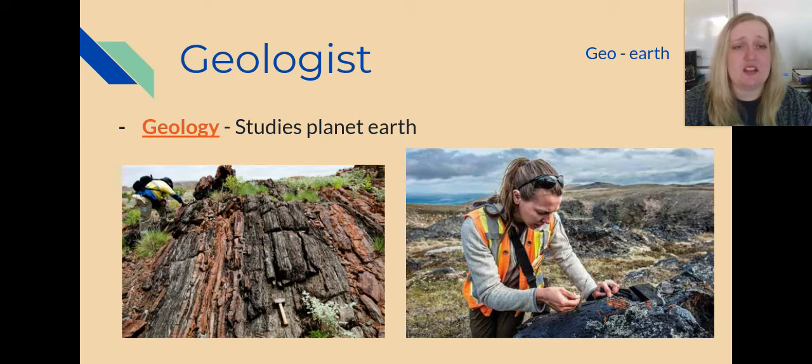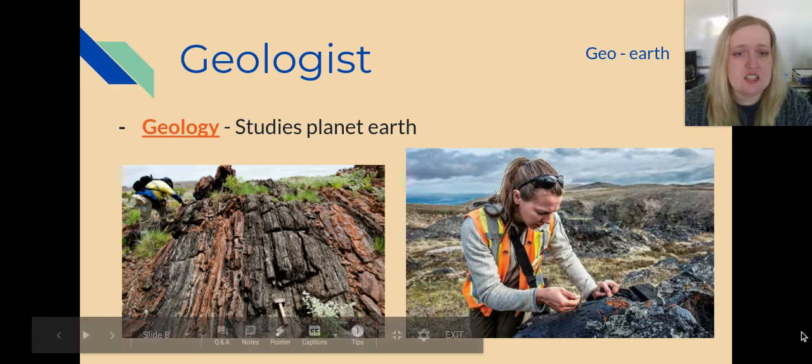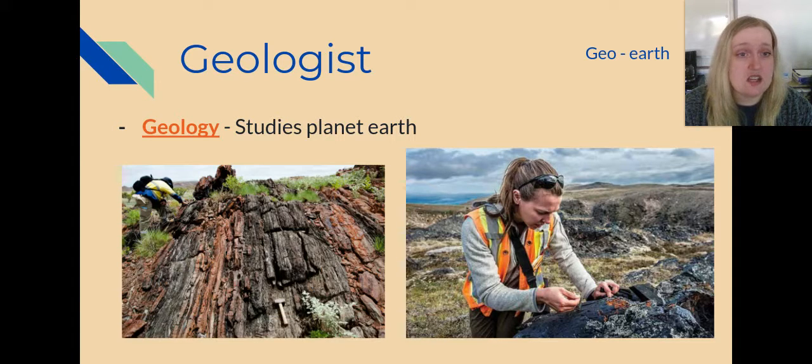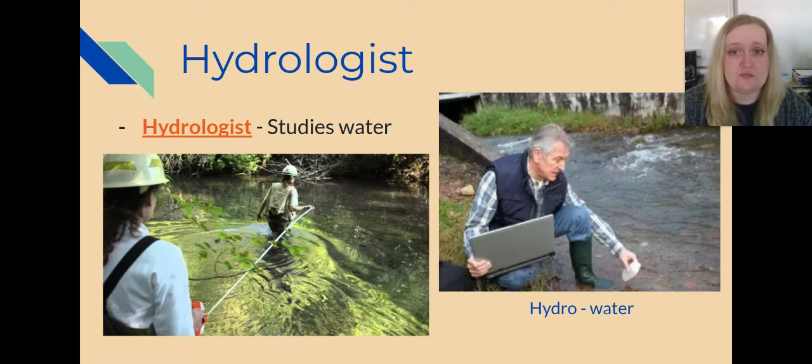And anytime you see ology or logist, that is a study of. So a geologist literally means earth study. The picture that you'll see in the review that I gave you guys is actually this one. So you can notice that she's looking at different rocks. So that's how I want you to realize that she is a geologist, because geologists focus on rocks.